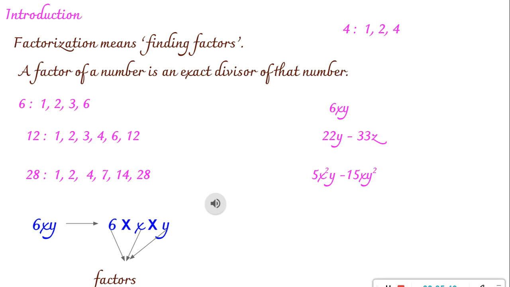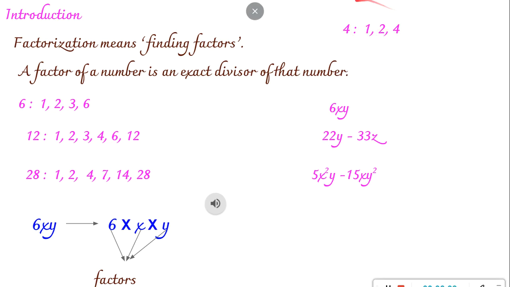Exactly how it happens, let's see. When we talk about a number like, let's say, 4, what are the factors of 4? 1, 2 and 4. Why? Because 4 can be written as 1 into 4. 4 can also be written as 2 into 2. 4 can also be written as 4 into 1.